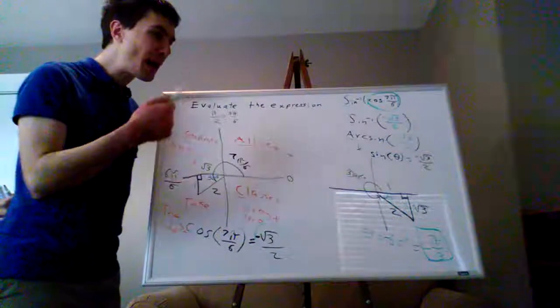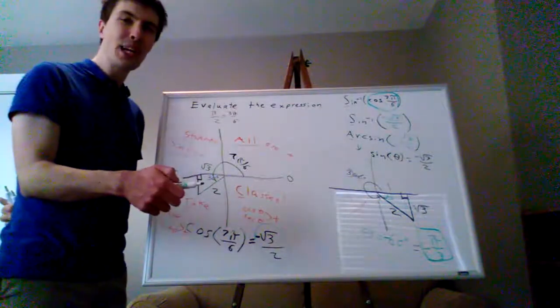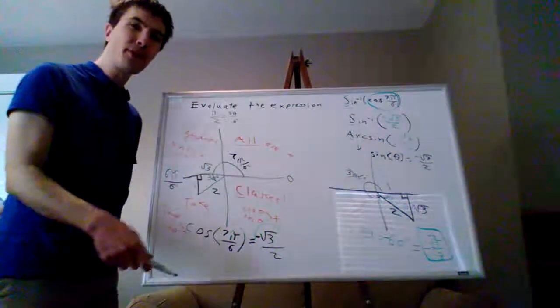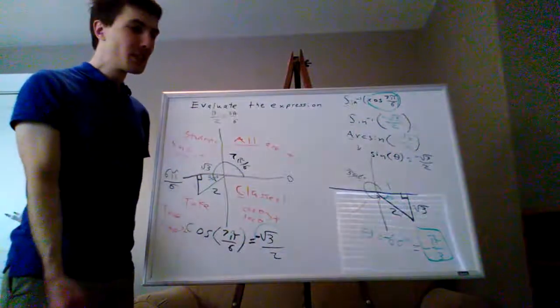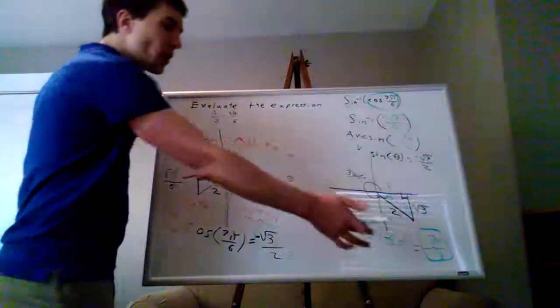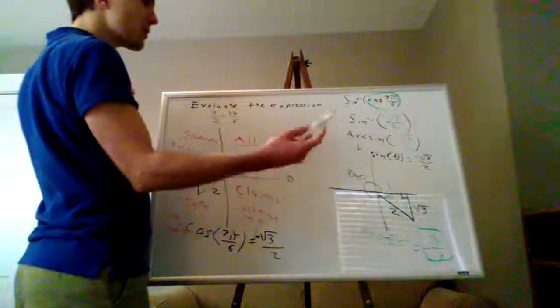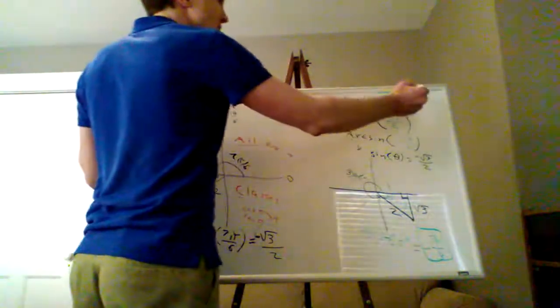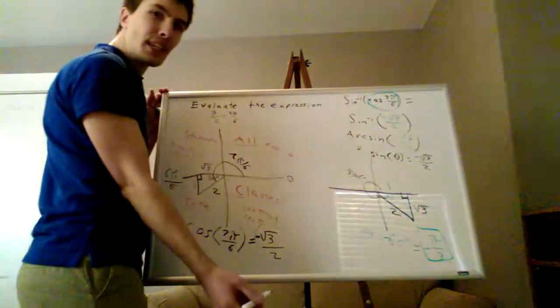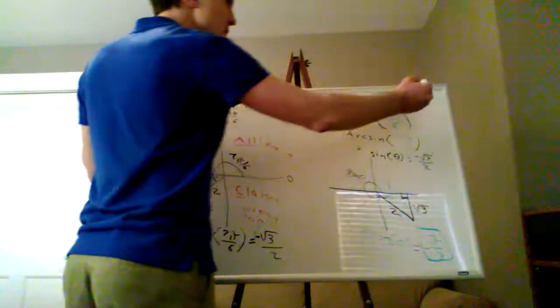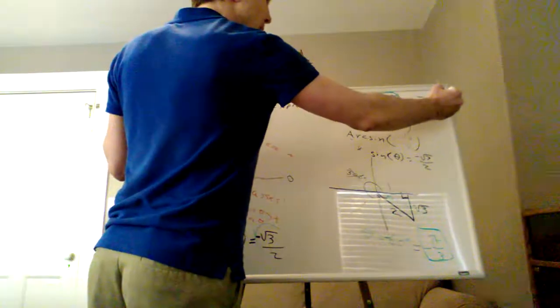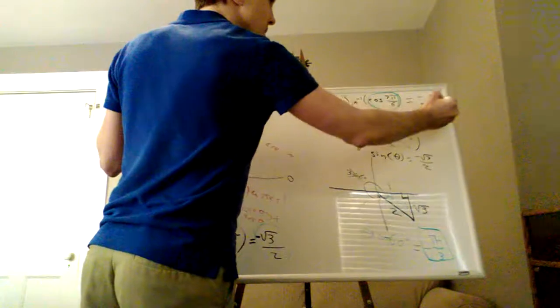If you ever have a pi over 6, it's a 30-degree angle. And if you ever have a pi over 4, it's a 45-degree reference angle. So overall, our answer is a negative pi over 3. And sine inverse of cosine of 7 pi over 6 equals negative pi over 3.